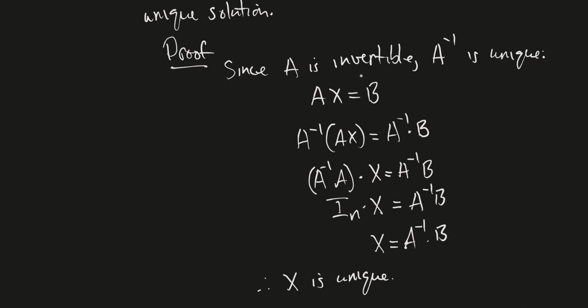Without even doing any of the Gaussian elimination, I know what has to happen for the system to have a unique solution: that coefficient matrix has to be invertible. Okay, so that's our QED.